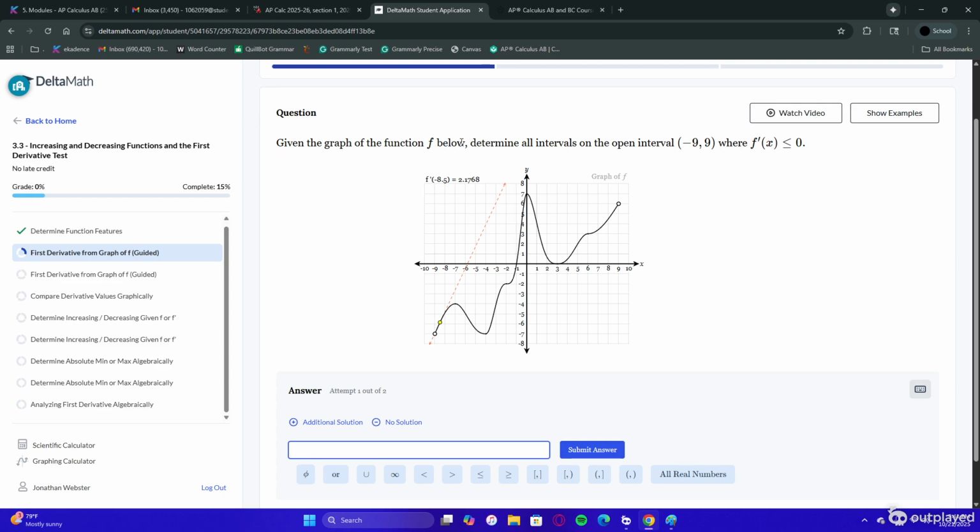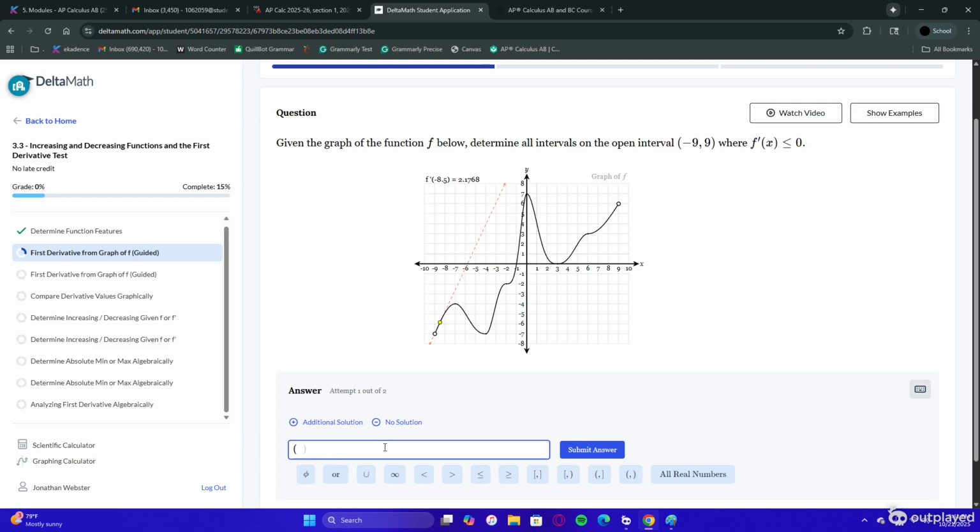Okay, so determine all intervals on the open interval where f prime of x is less than or equal to 0, which means that the function would be decreasing. So we're going to locate all intervals where the function f is decreasing. So from here to here, it's clear that the function is decreasing.